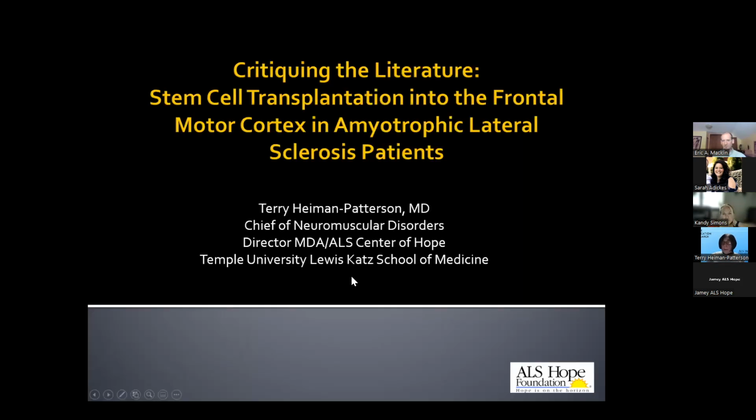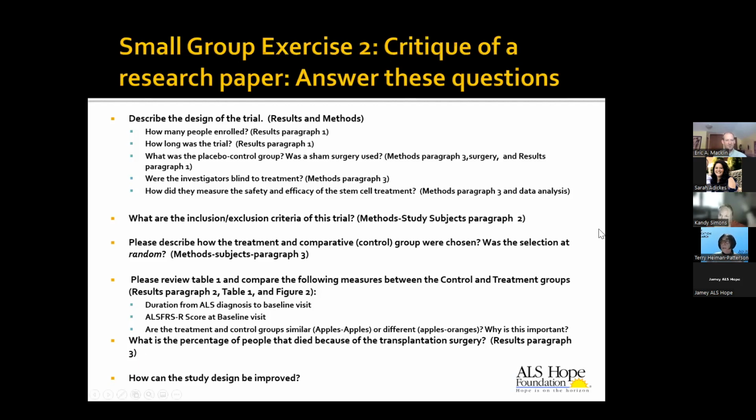So now we're going to move on, and we're going to talk about our stem cell paper, and we're going to do our breakout to answer some of the questions. Now I have the questions up here in the breakout group. Does everybody have a copy of the questions and the stem cell paper? Yes, it was sent, okay, good.